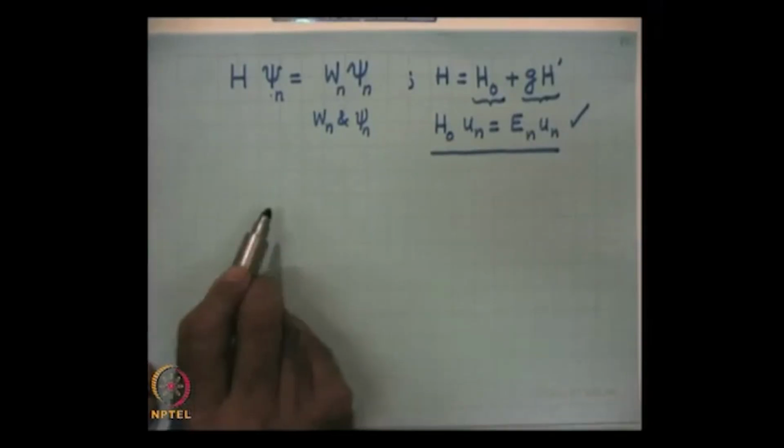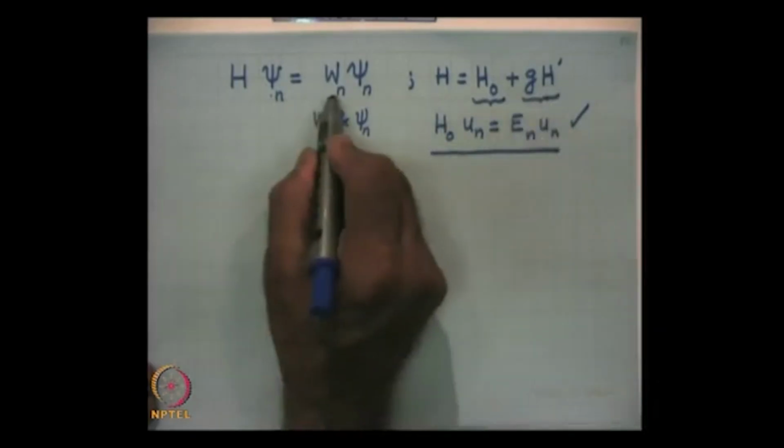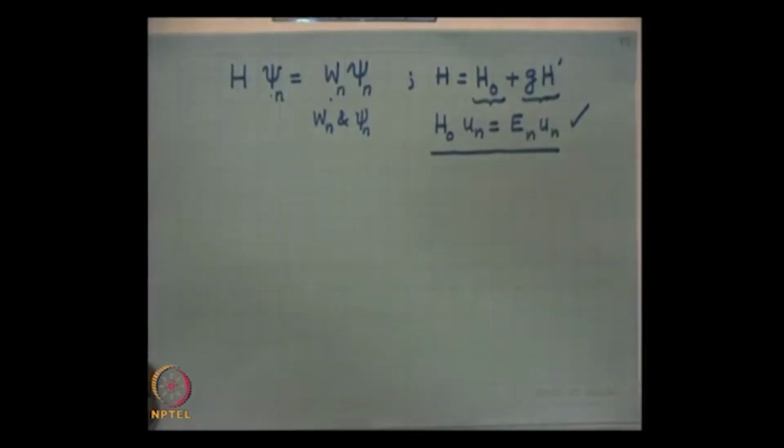So, these solutions of the eigenvalue equation corresponding to H naught are known to us. Our objective is that when we apply this perturbation, what will be the value of W n and what will be the corresponding eigenfunction.